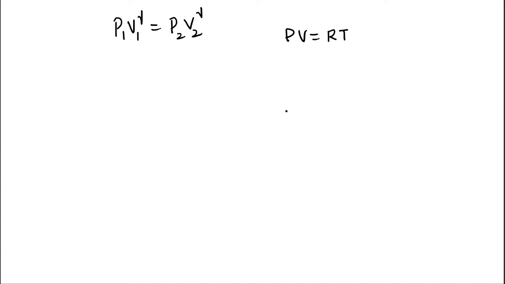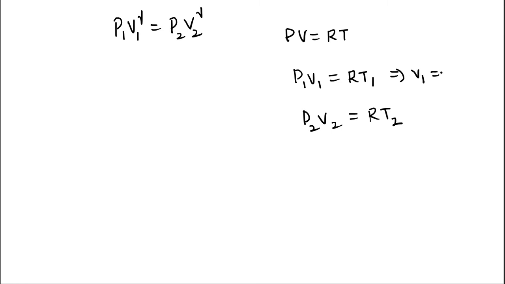Let's use two different states, that is P1 V1 equal to RT1 and P2 V2 equal to RT2. From this we get V1 equal to RT1 over P1, and V2 equal to RT2 over P2. Now the same V1 and V2 we substitute in this.